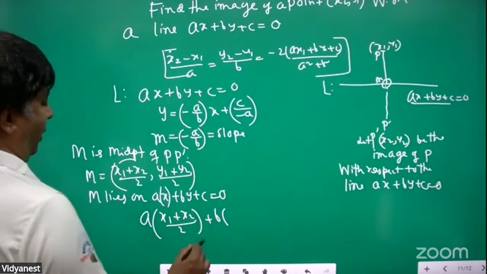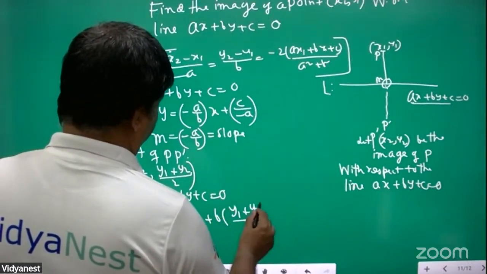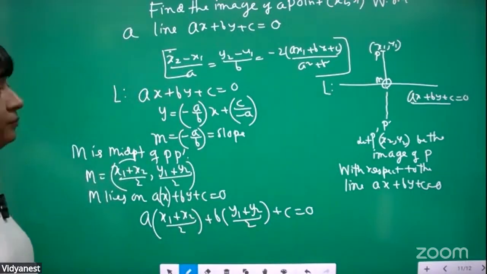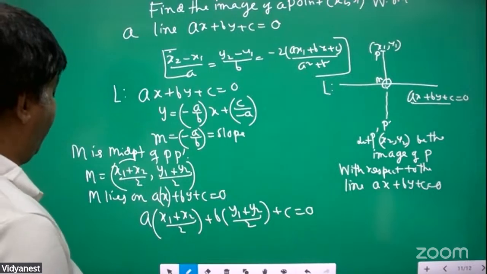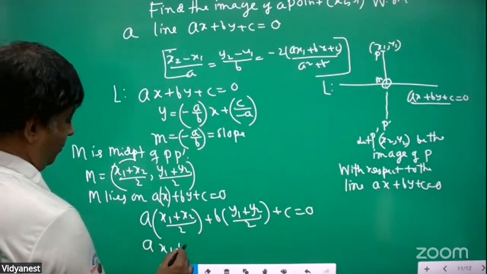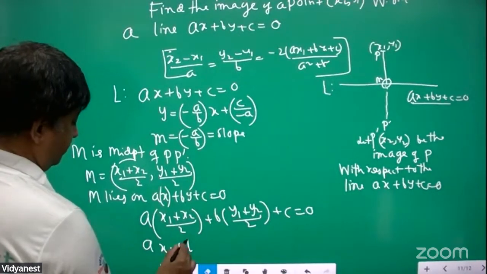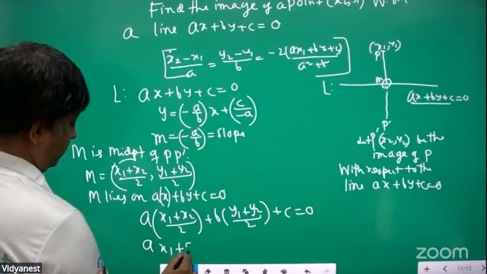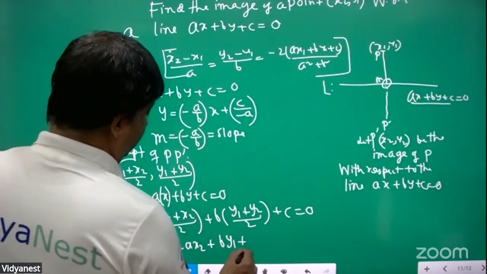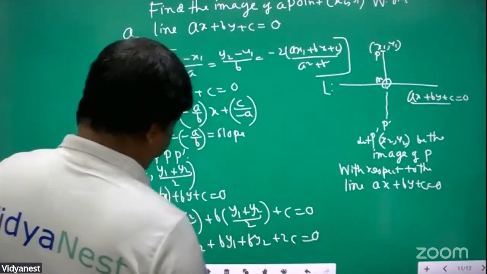In place of y plus c. Okay. Now, x1 plus x2 by1 by2 plus 2c is equal to 0.